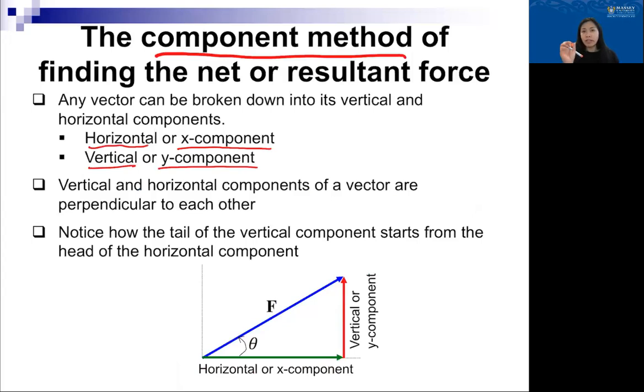The really important thing to note here is that the vertical and horizontal components are perpendicular to each other. Perpendicular means that there's an angle of 90 degrees between them.